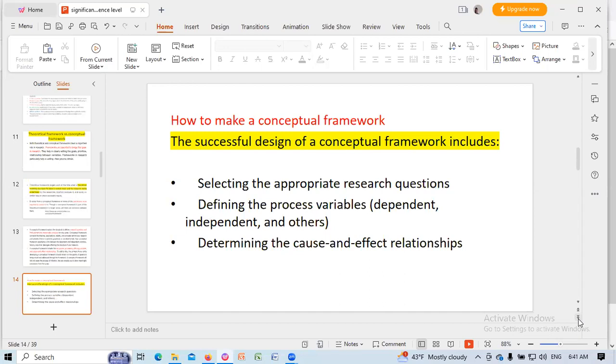How to make a conceptual framework? Successful design of a conceptual framework includes selecting the appropriate research question, defining the process variables, dependent and independent and others, and determining the cause and effect relationship. I again say, selecting the appropriate research question: you choose the question from your conceptual framework.